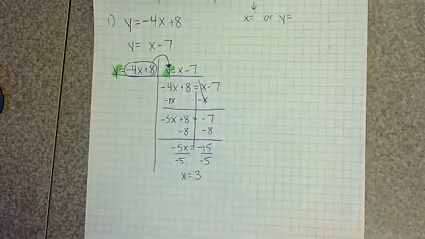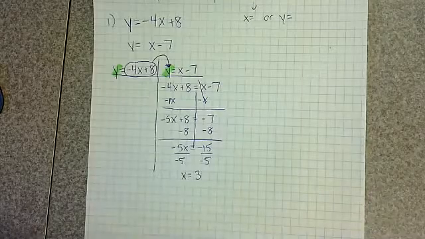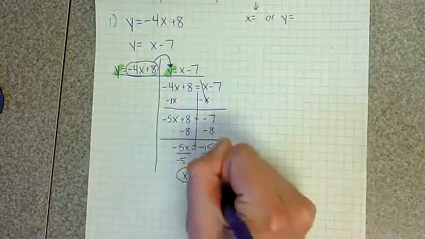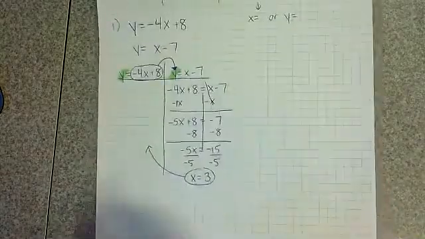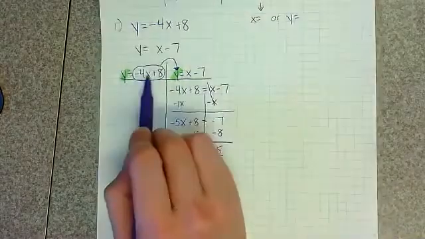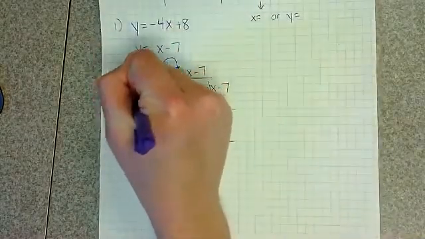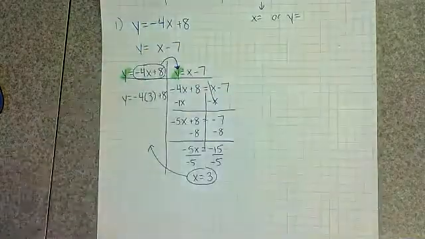This is not my final answer, though. When we graphed, we ended up with the y. Yeah, we need to find y. So I'm going to take this and bring it to all the empty space over here. And I'm going to put 3 in for x into this equation. So y equals negative 4 times 3 plus 8.